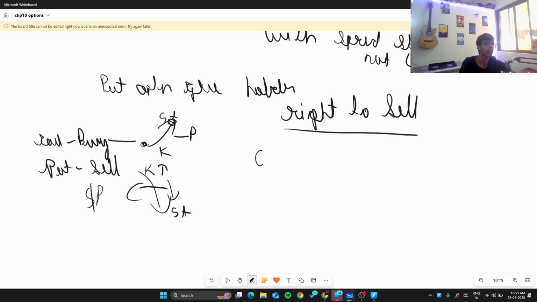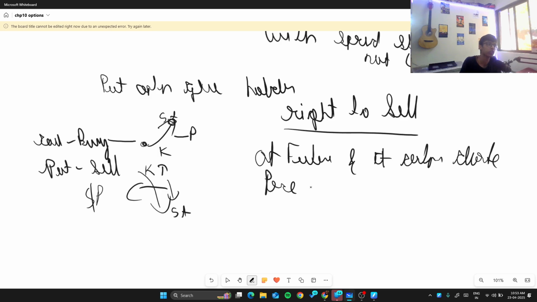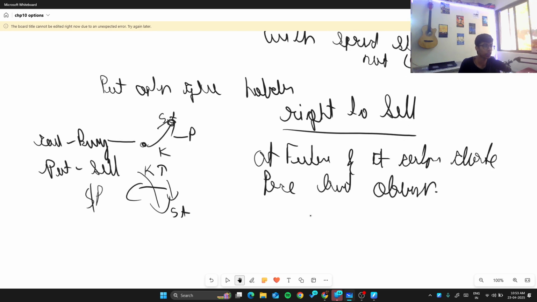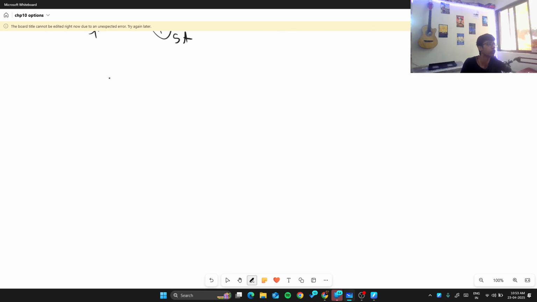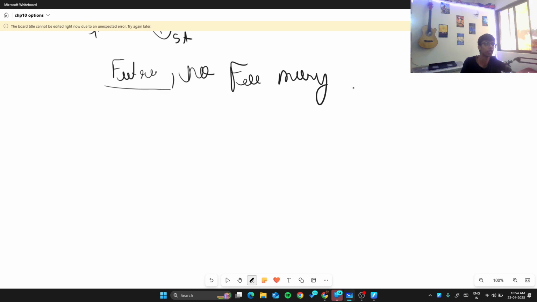Right to sell at a future time at a certain date and price, but do not have an obligation, right? Apart from this, there is a difference between future and option. In future, if we remove all the tax or exchange fee, there is no fee or no money required to enter the contract.